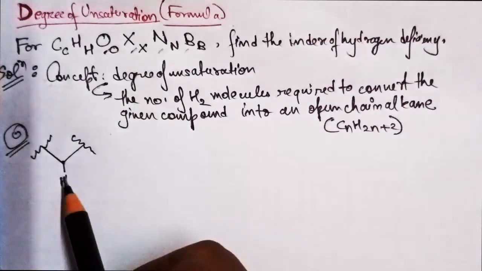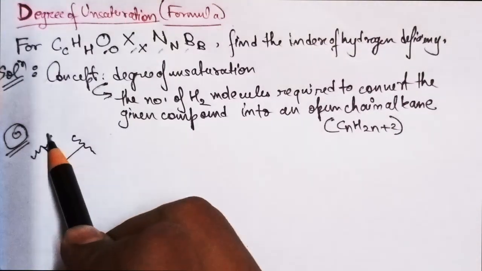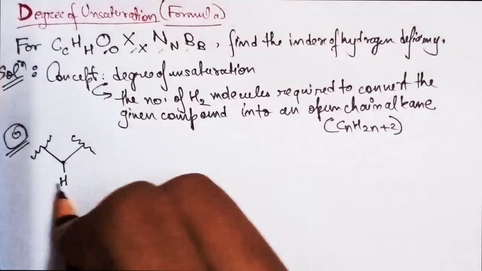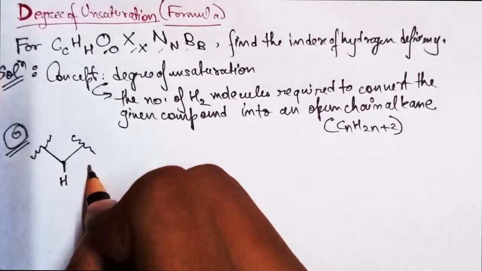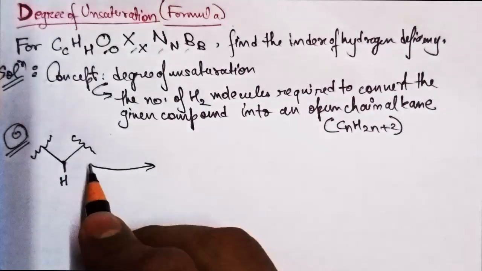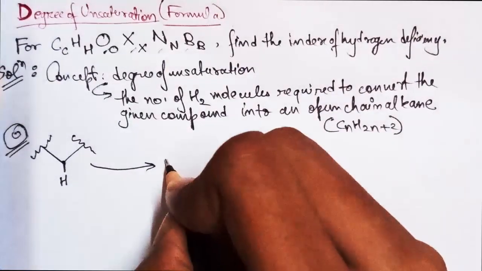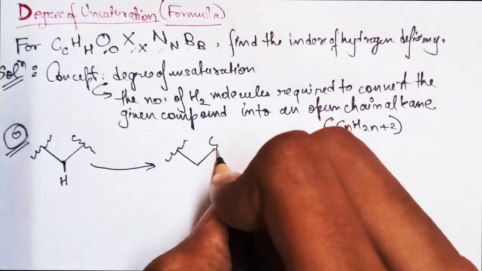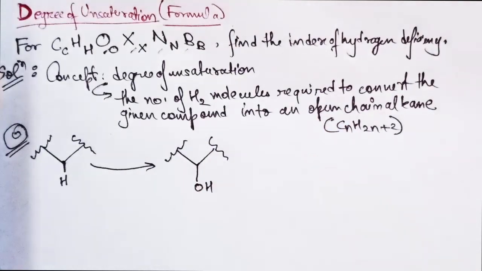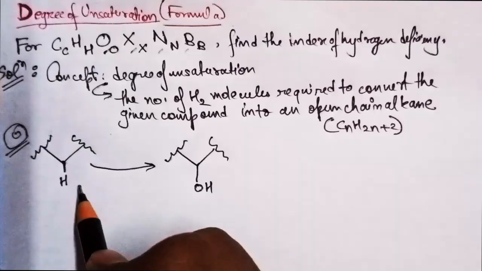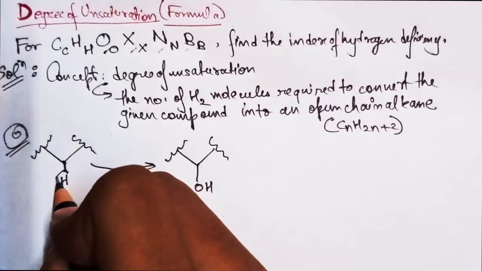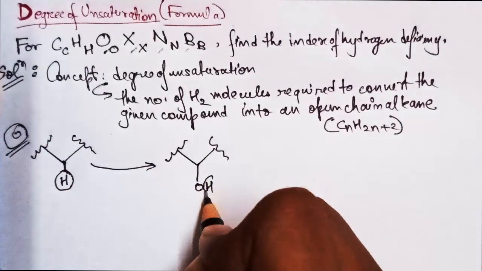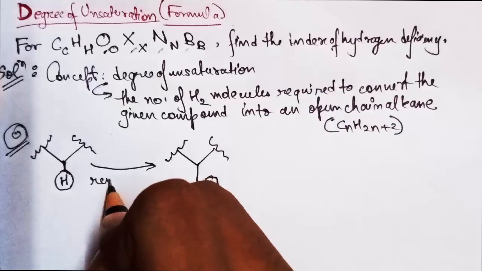I am considering this carbon atom as a reference, and it might be attached to any other group, this hydrogen. If I want to add an oxygen to this compound, it will be added in this way. On observation, we can clearly see that the number of hydrogen atoms remains the same.